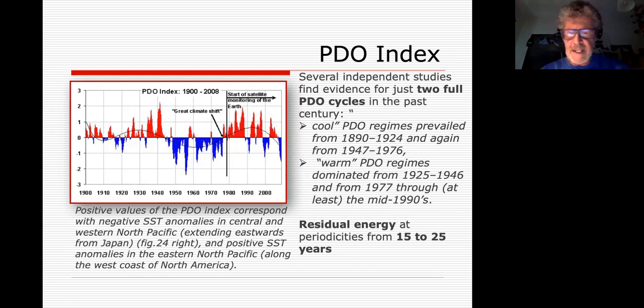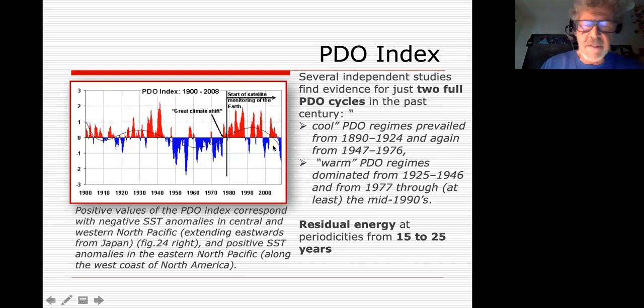Then again, a well-established negative phase from 1947 to 1976, and then again a positive warm period that goes from 1977 to the mid-90s. Then there is a potential negative period. We don't know exactly what will happen.